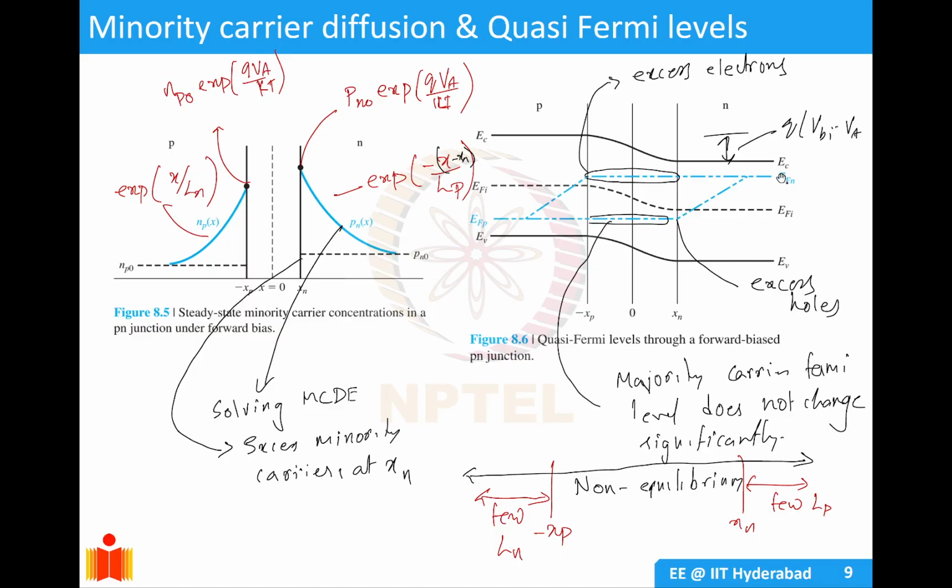EFP and EFN merge, so very far from the junction we have only one Fermi level. Here it's EFP, here it's EFN, but near the junction we have two Fermi levels. That is why these are called quasi Fermi levels.